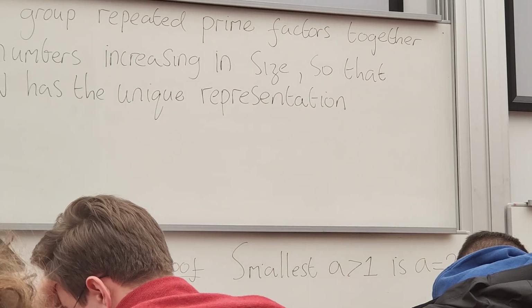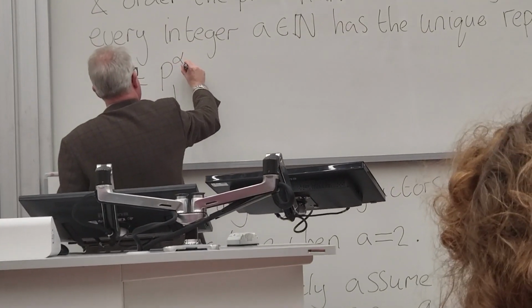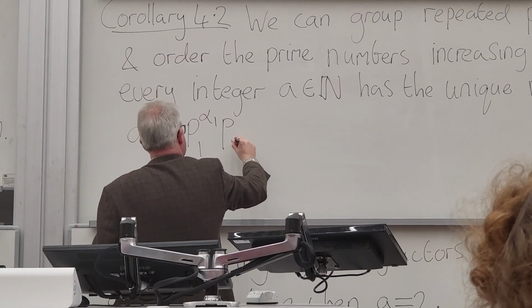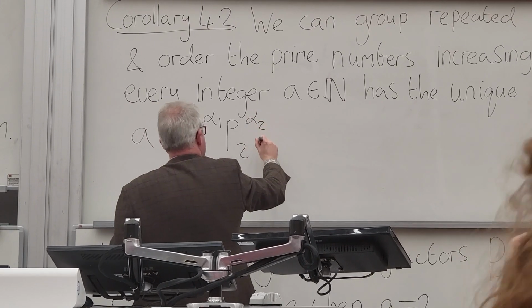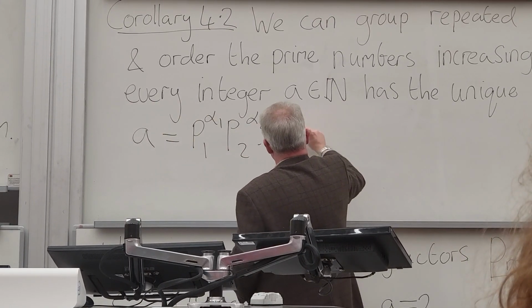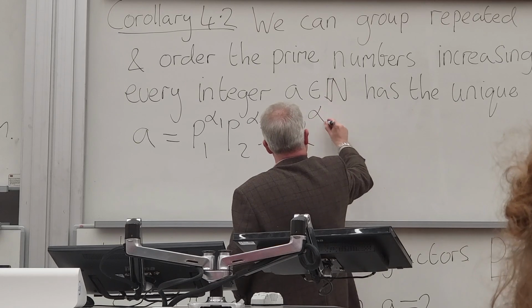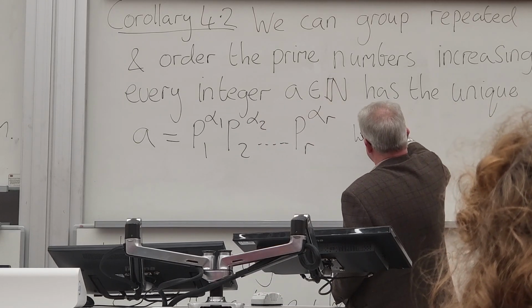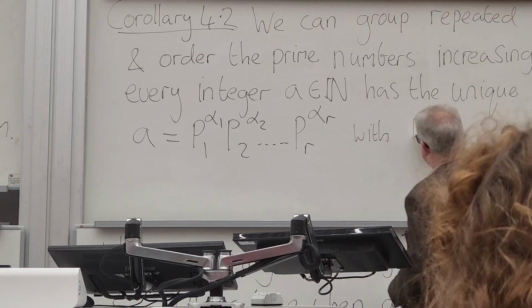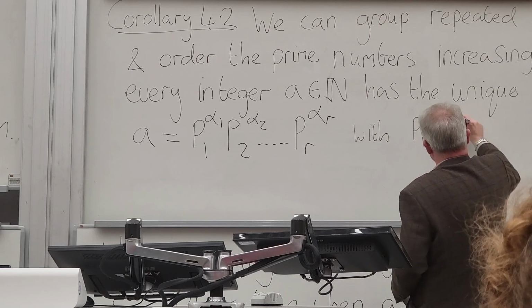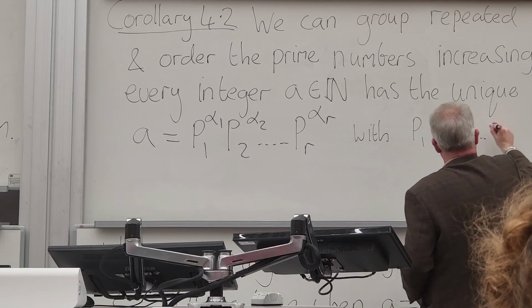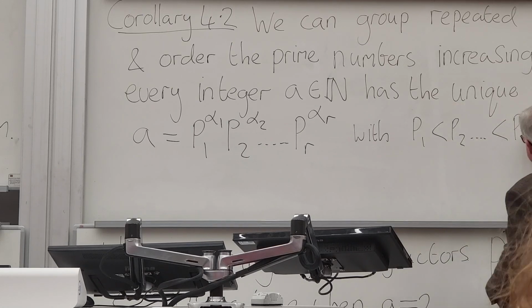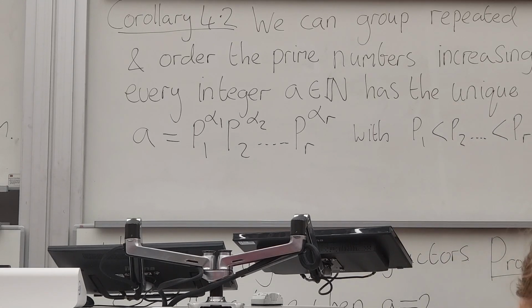A equals P1 to the alpha 1, P2 to the alpha 2, PR to the alpha R, with P1 strictly less than P2, strictly less than PR.